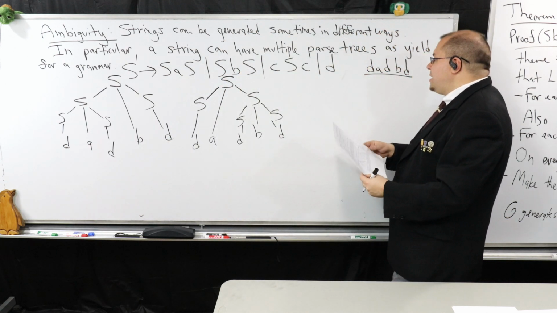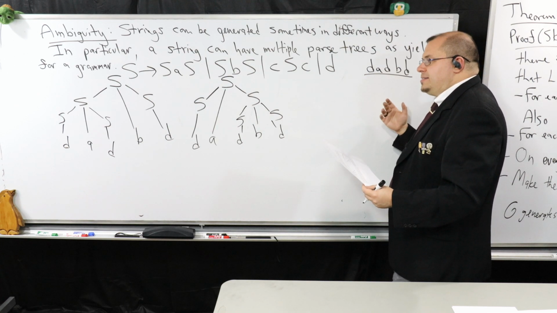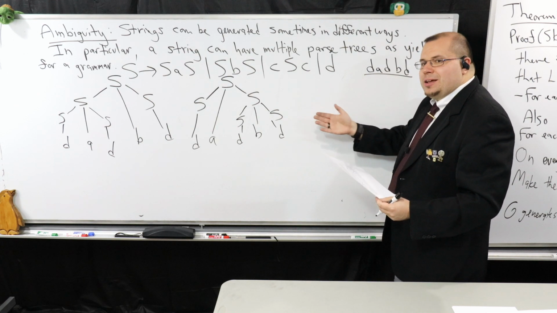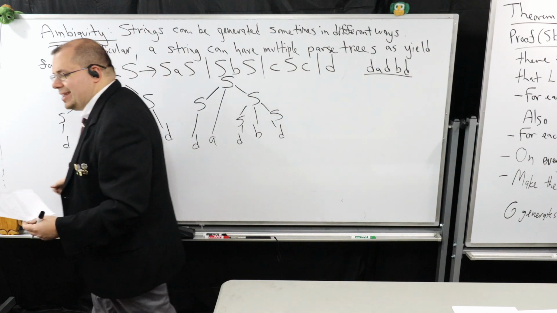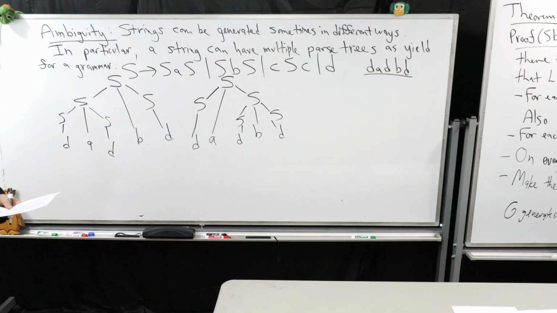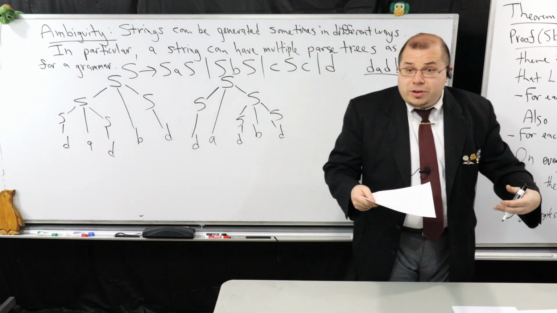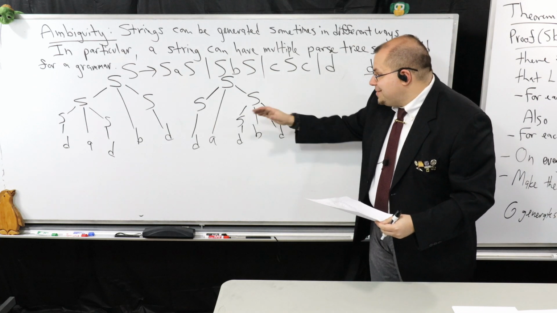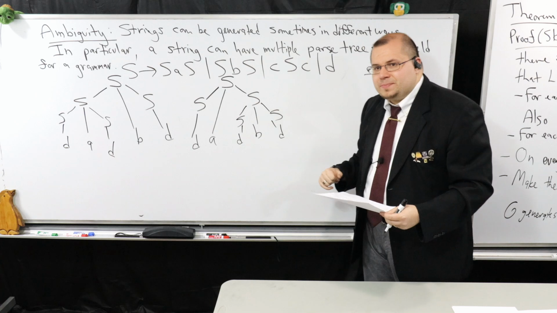So it's okay that you're able to generate this in multiple ways. It's okay if there's a parse tree. There's a problem, however, if there's a way I could get two different parse trees for the same string. Does everybody see what I mean? So now I have given two different ways to derive the exact same string, but their parse trees differ.